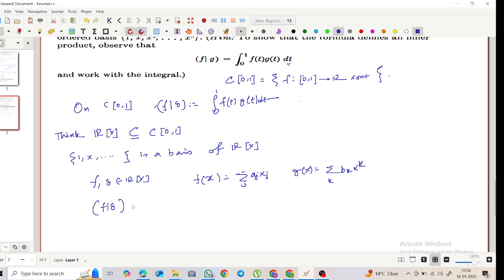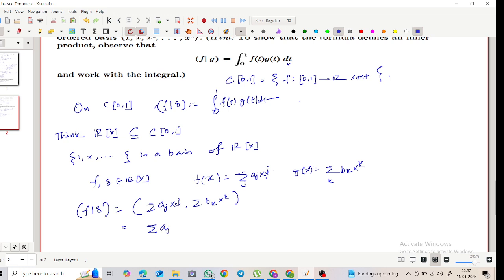Okay, so if g is similar, what will be the inner product of f and g?